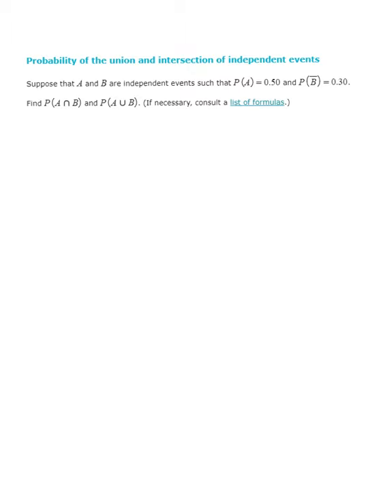Okay, probability of the union and intersection of independent events. Okay, and again, I use Venn diagrams to help me with this.